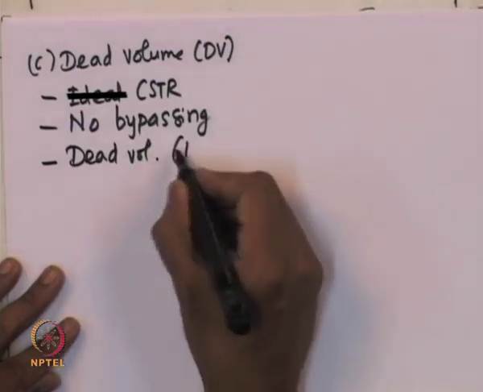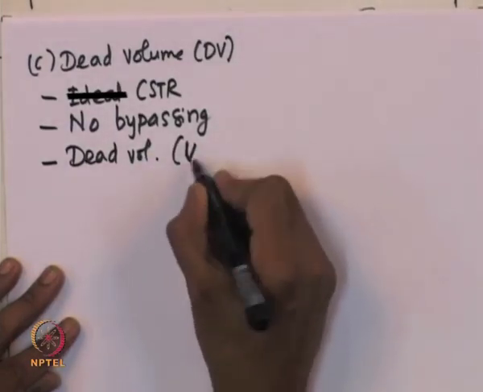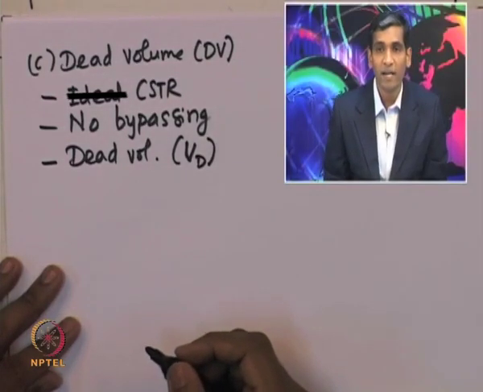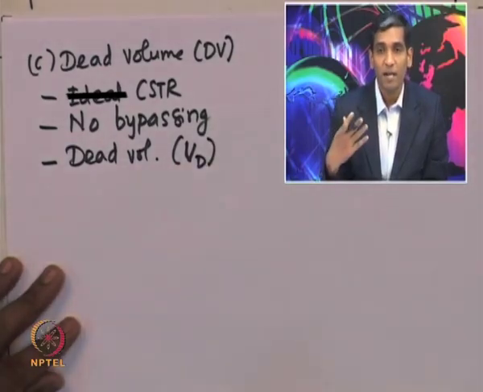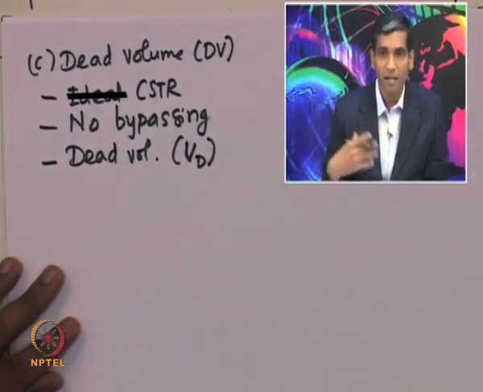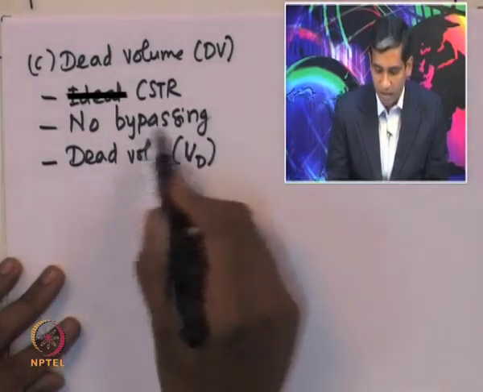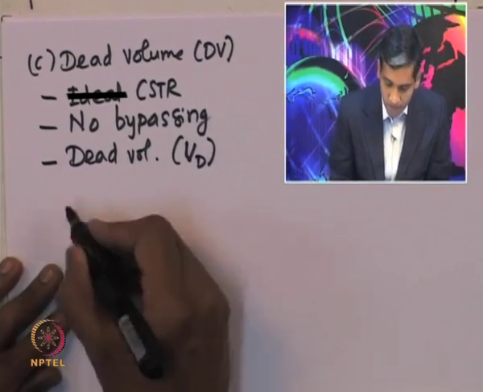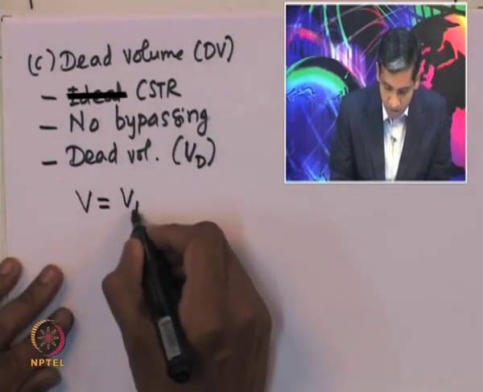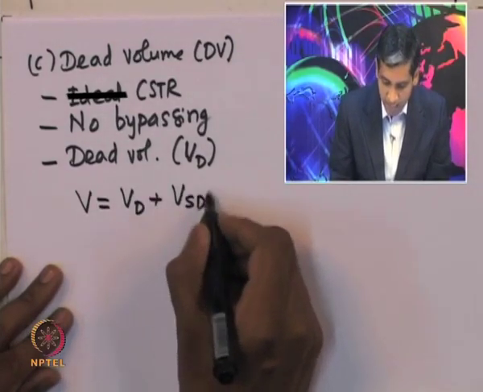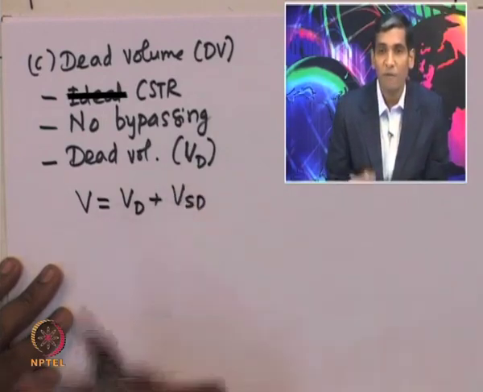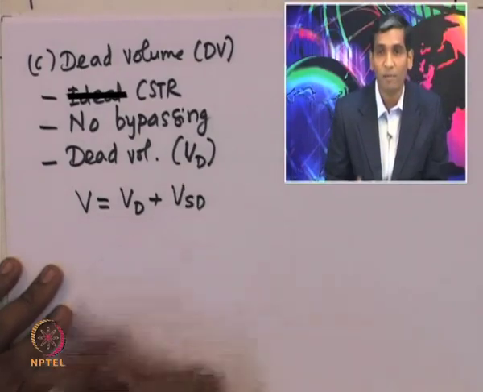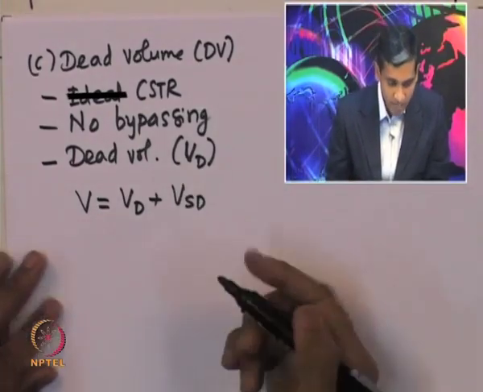Let us say that the volume of this dead zone is V D, and this dead volume is the volume where the fluid stream does not reach that location, and so the presence of this location is of no use for the performance of the reactor. So, the overall volume is equal to V D plus V S D, where S D is the volume which is actually accessible by the fluid stream which is flowing into the reactor.